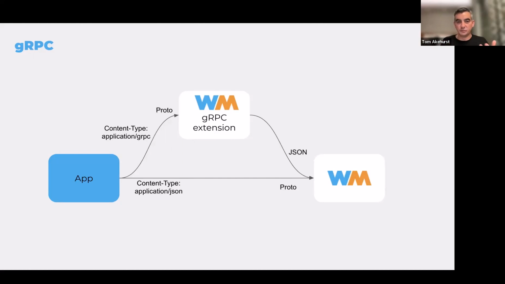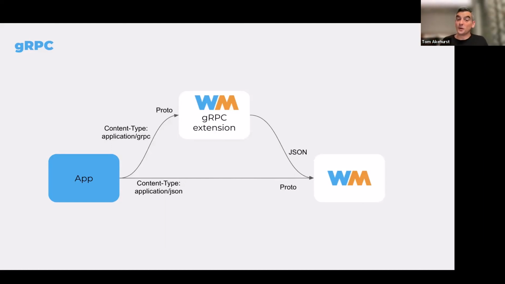So you can convert a proto message to its JSON form and back again. We take advantage of this in the gRPC extension, and essentially it is a conditional filter. It looks at, are you trying to make an ordinary request or a gRPC request? If it's gRPC, then we'll stuff it through the gRPC machinery, and then we will convert it to a JSON request, and then we'll make that to WireMock's core matching system.